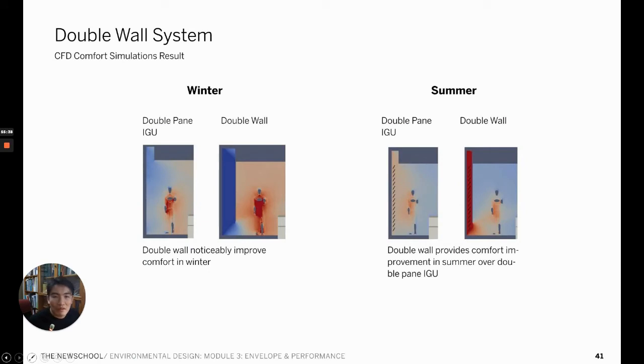This CFD also shows the micro comfort control function of the double wall, while a single wall envelope, in both summer and winter, creates discomfort from the surface of the glass being hot or cold and creates a radiation imbalance for the occupants. But by creating an additional layer that blocks the direct interaction of the human body with the cold surface, it increased the level of comfort.